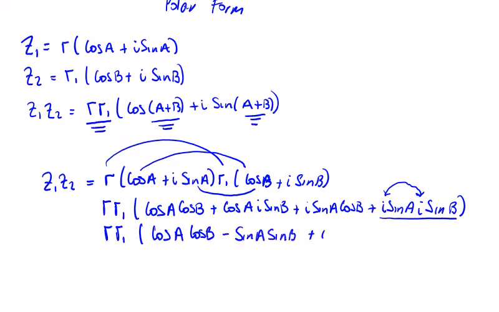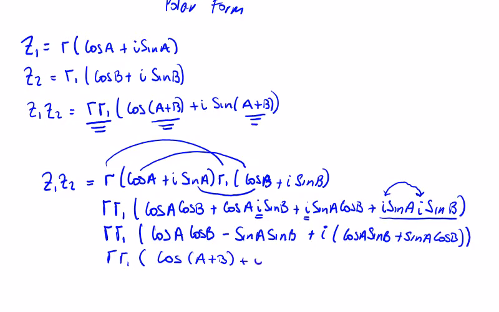And then we can factor out the i in these two. There's an i in this one, and we multiply that by cos a sine b plus sine a cos b. And from the formula booklet, cos a cos b minus sine a sine b is the cos of a plus b.